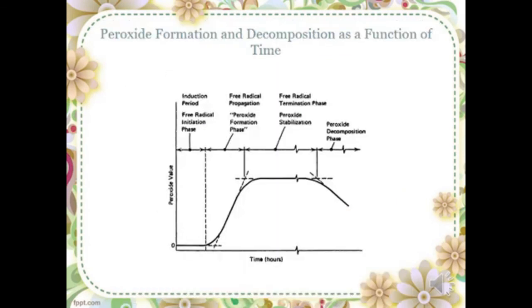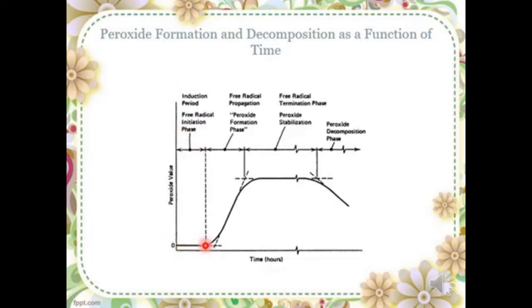Okay, this graph shows the peroxide formation and its decomposition as a function of time. So during the induction period where the free radical is initiated, the peroxide value is 0.